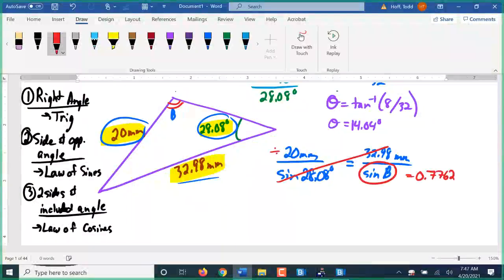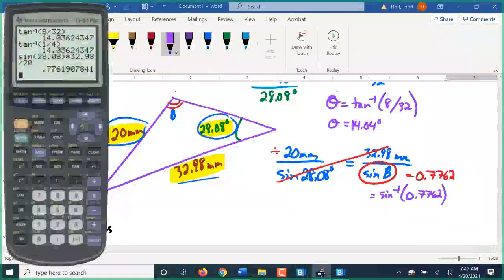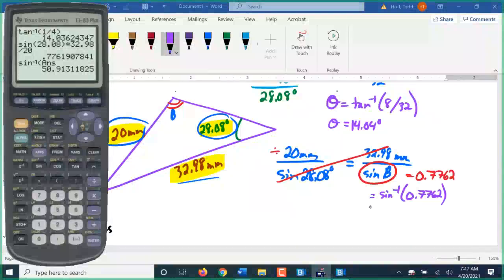What do I have to do with that? Well, first I'm going to do an inverse sine. Second sine, second answer. Gives me 50.91.